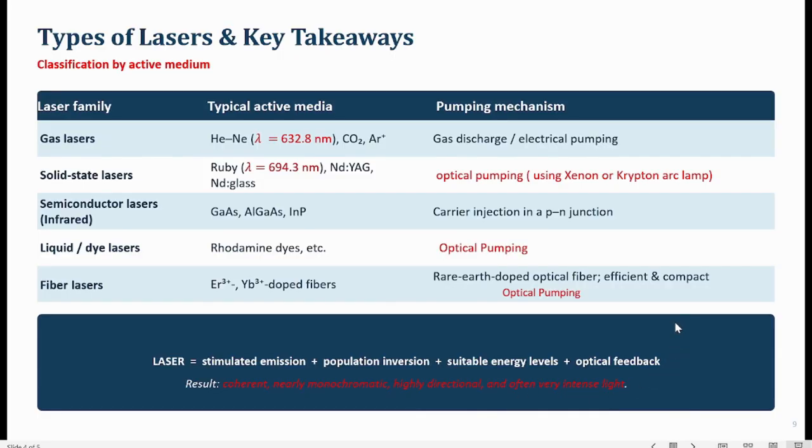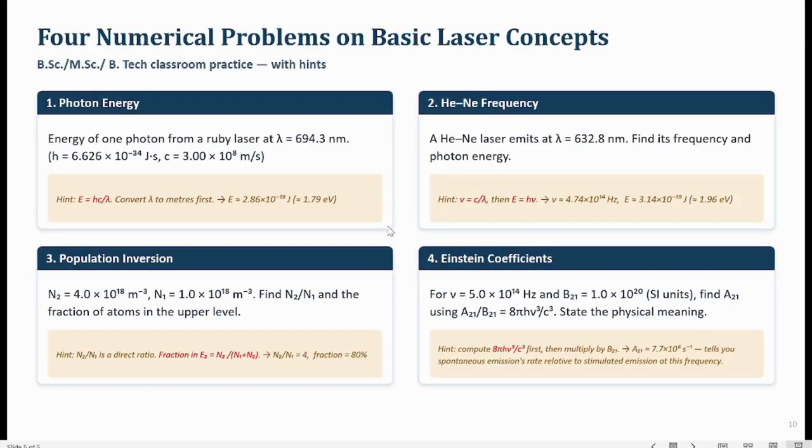So we get a laser light by utilizing these conditions. Now in the last slide I have shown four different numerical problems which will give you a feeling of some numerical things associated with lasers.